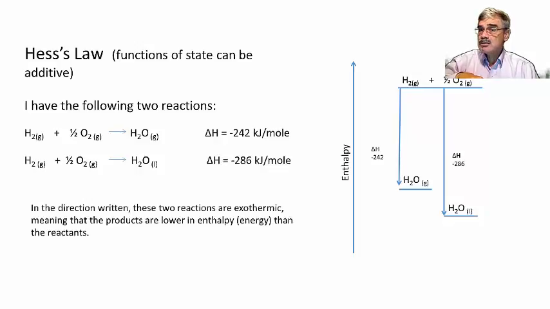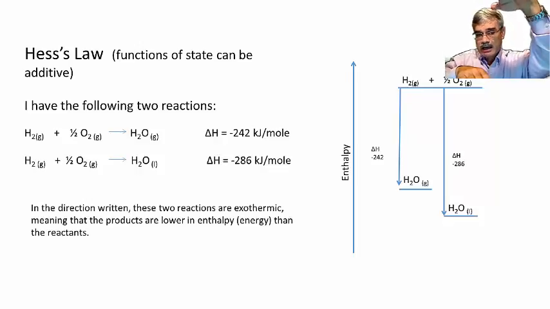How much lower? 242 kilojoules lower than the value for the starting reactants. Now I also show a second reaction. Hydrogen gas plus oxygen going to water, but this time in the liquid phase. The enthalpy change for this reaction is slightly larger in magnitude, minus 286 kilojoules per mole.